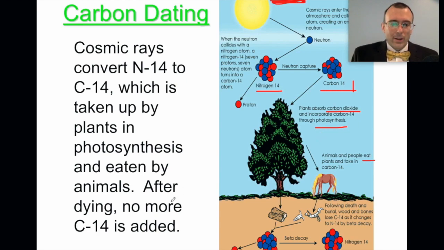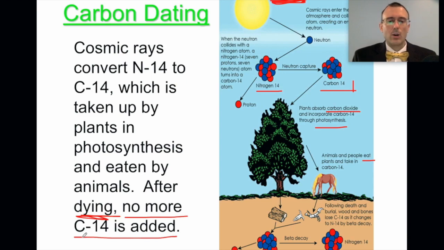Okay, so once something dies, and this is the key here, no more carbon-14 is added. While something is alive, the amount of carbon-14 in it remains more or less the same as it is in the atmosphere. But once something dies, no more carbon-14 is added, and now the clock starts, and carbon-14 decays at its typical half-life decay.